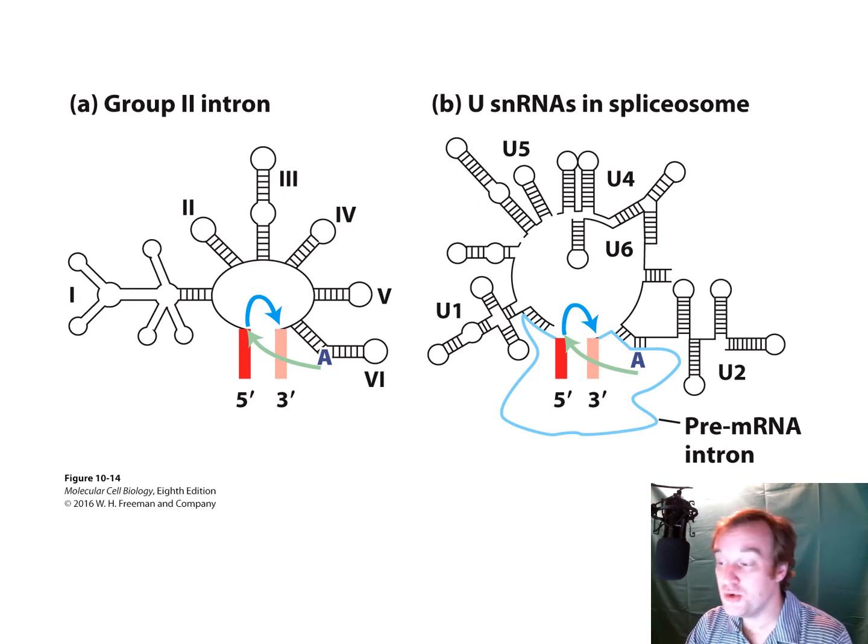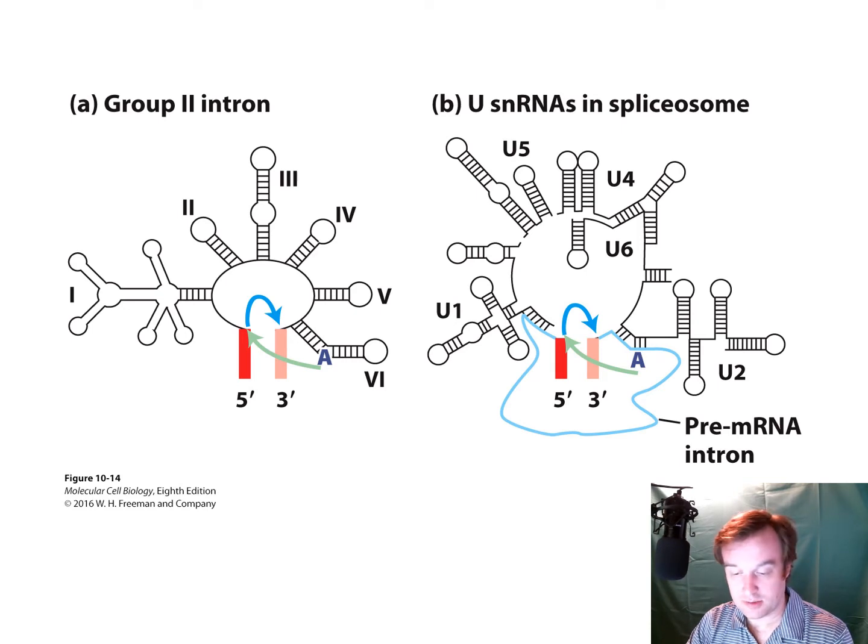And there are group 2 introns that are in protein-coding genes in the mitochondria and chloroplasts of plants and fungi. And what they do is they fold into a conserved complex secondary structure that contains a bunch of these stems and loops.